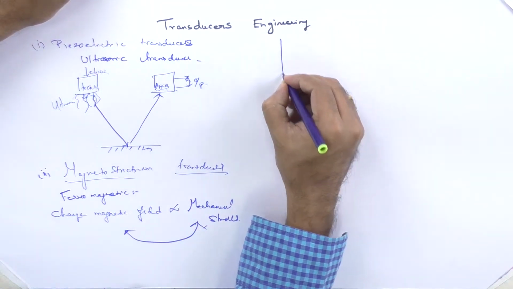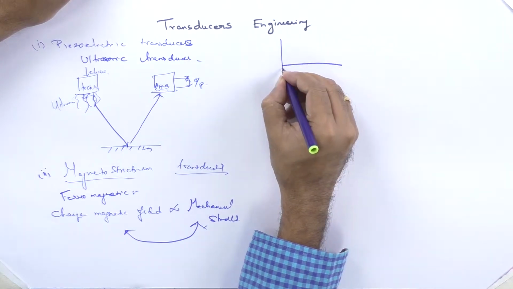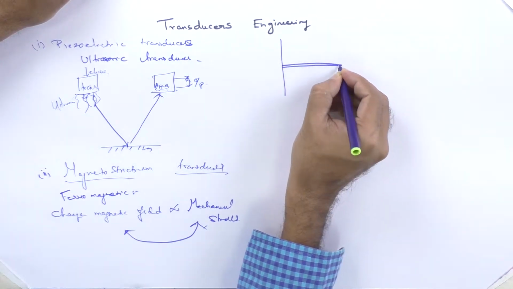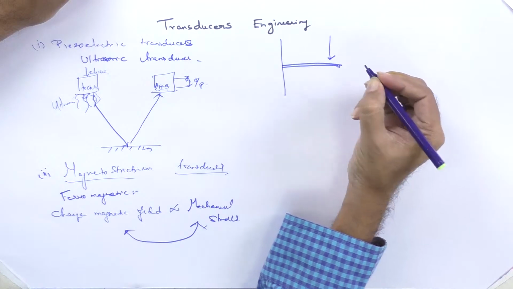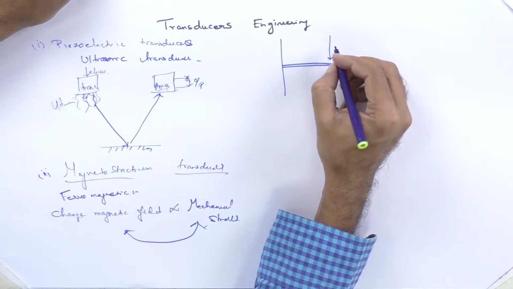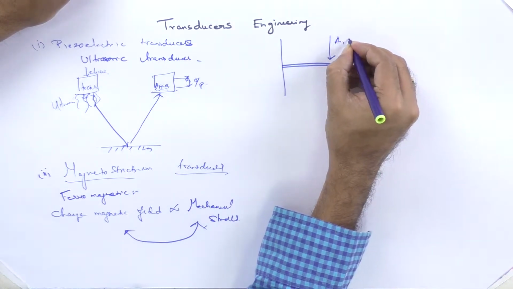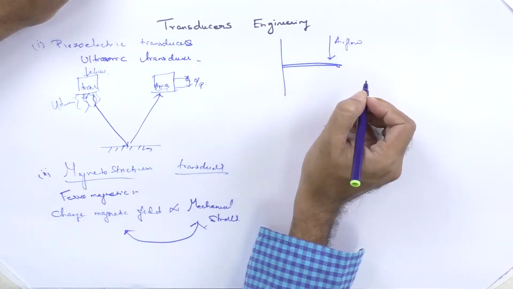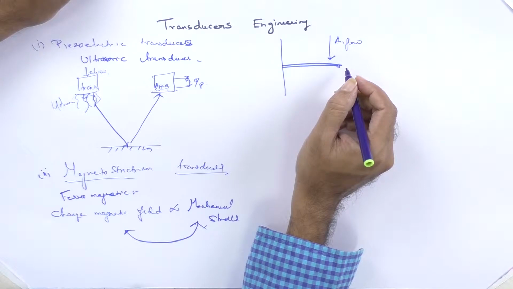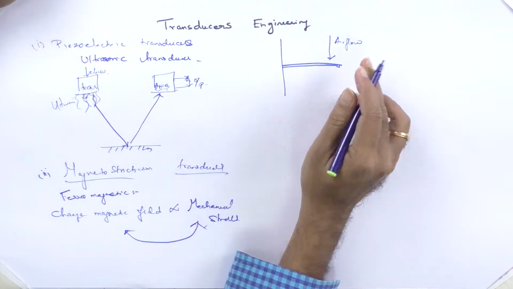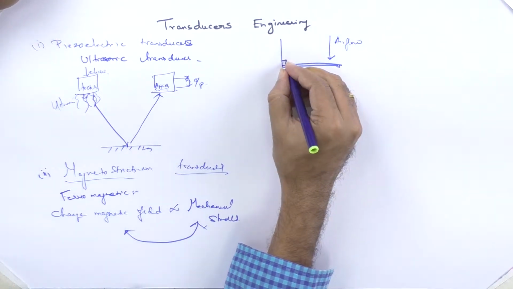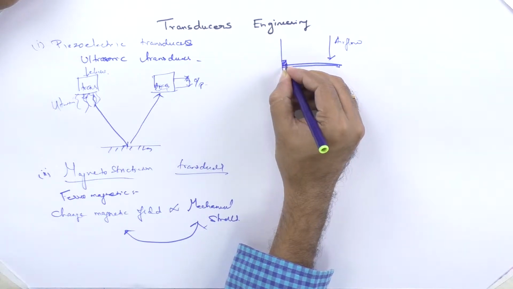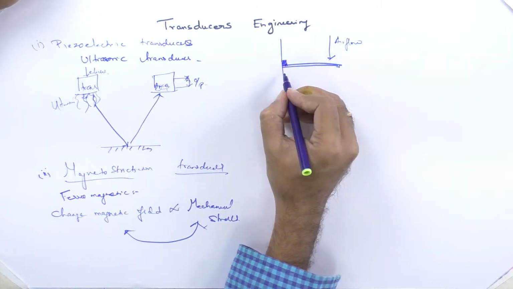For example, I just take a cantilever beam. You want to find out if there is going to be an airflow or a force happening there. The airflow is going to hit this very thin sheet. If you want to find out what the flow is, let us fix a magnetostrictive material to the fixed end of the beam.